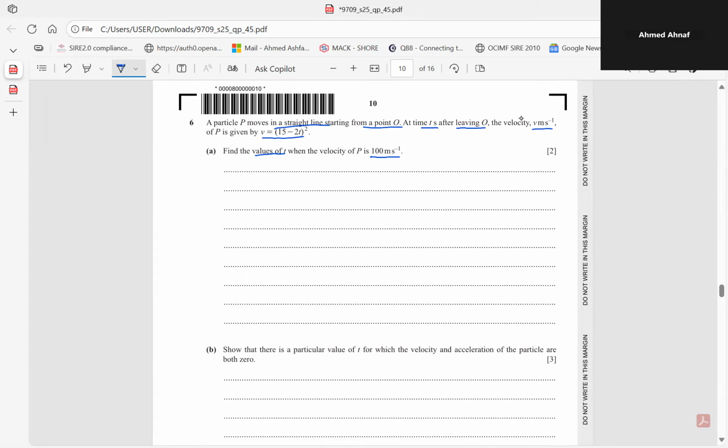We just have to substitute v equals 100 and solve for t. So we get (15 minus 2t) squared equals 100. Now we can take the square root of both sides. So we will get 15 minus 2t is equal to 10, or 15 minus 2t is equal to minus 10.